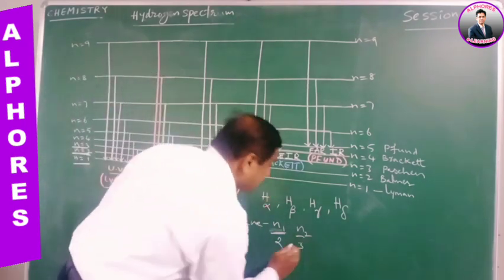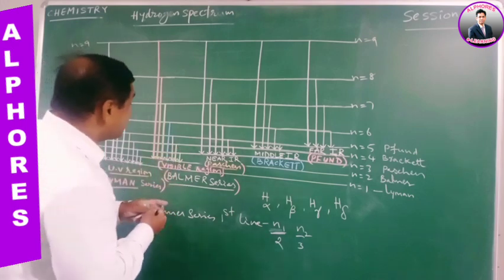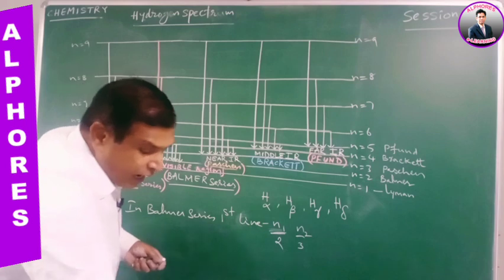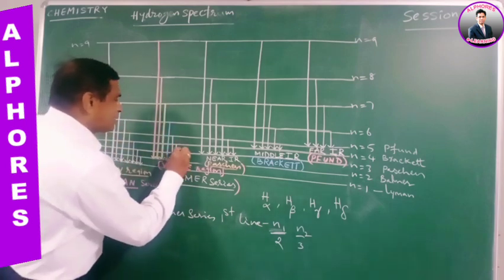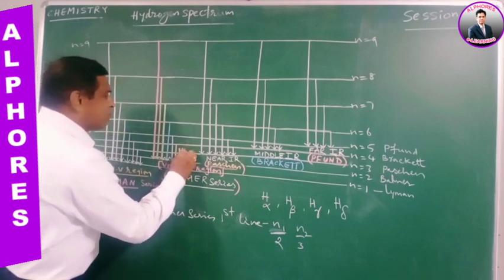The electron coming from third orbit to second orbit is called H alpha. This line is designated as the H alpha spectral line in the Balmer series.